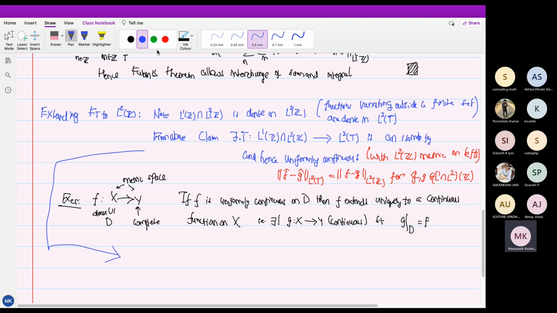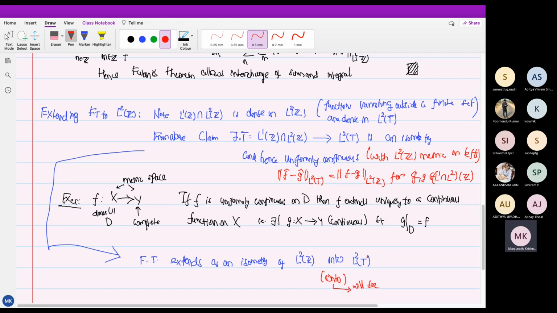Because of this, the Fourier transform extends, and it is easy to see that it will retain the isometric property as an isometry of L2 of Z into L2 of T. Here it will in fact be onto, but that is not yet clear, we'll see.